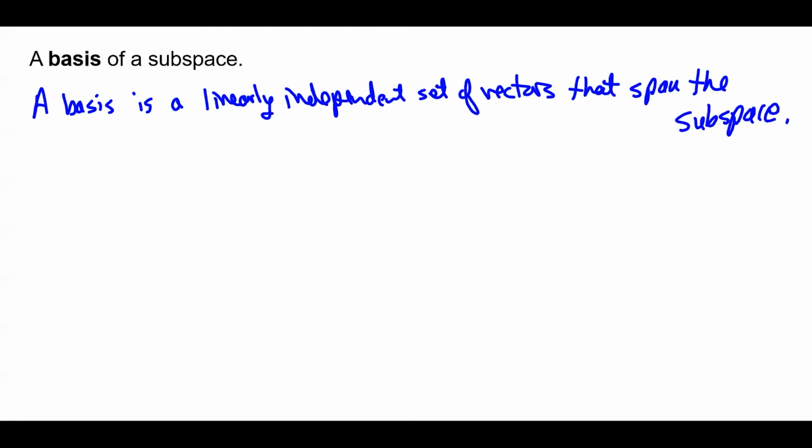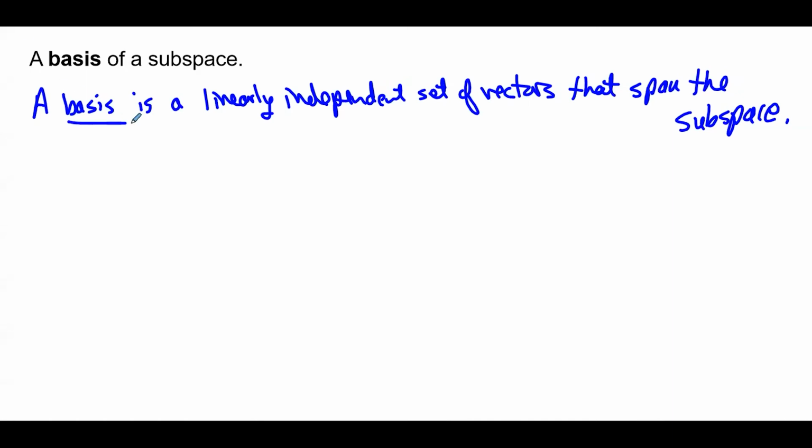So we talked about sets of vectors that are linearly independent. We've talked about sets of vectors that span a vector space. A basis is a linearly independent set of vectors that span a subspace together. So they have both properties. They're linearly independent and they span the subspace.